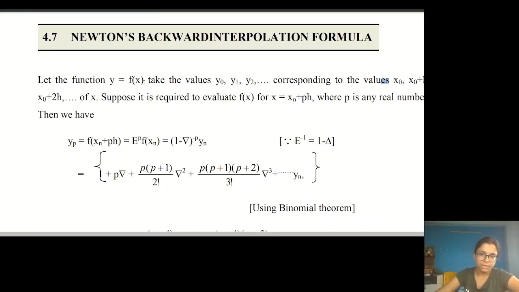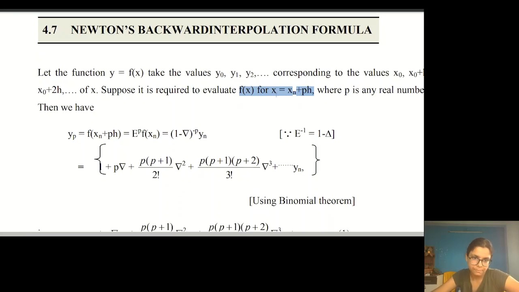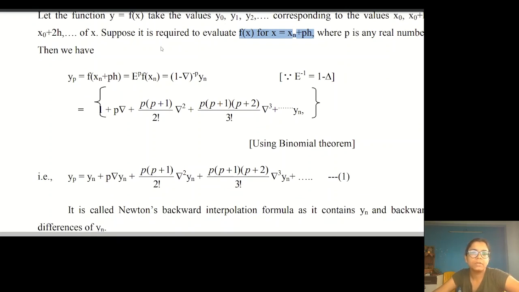Backward interpolation says that we have to take the whole situation in the same manner. Suppose now again we evaluate a function for x equals xn plus ph, where p is any real number that we have chosen.